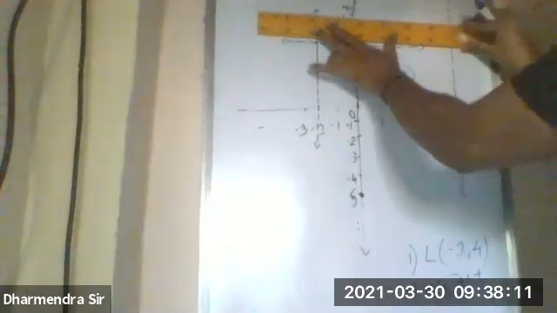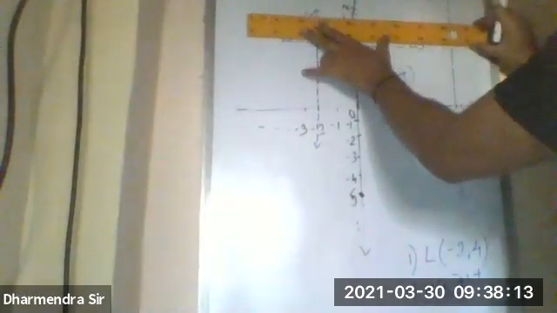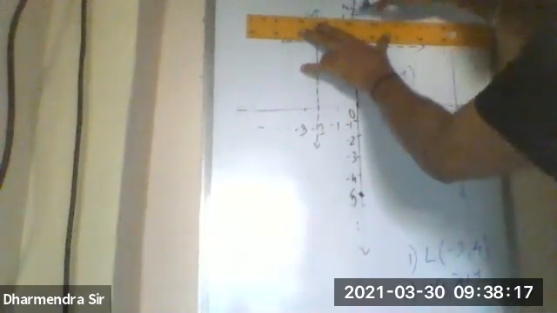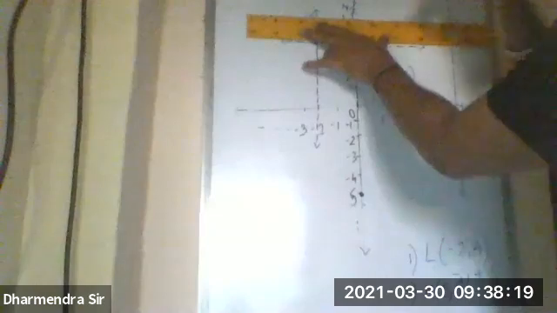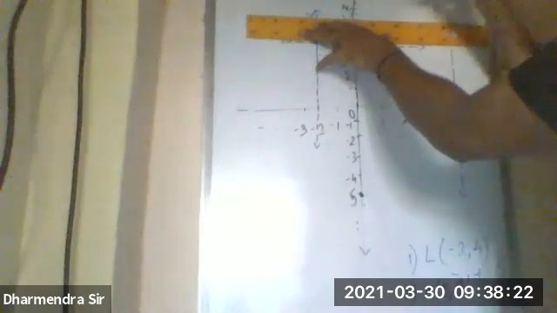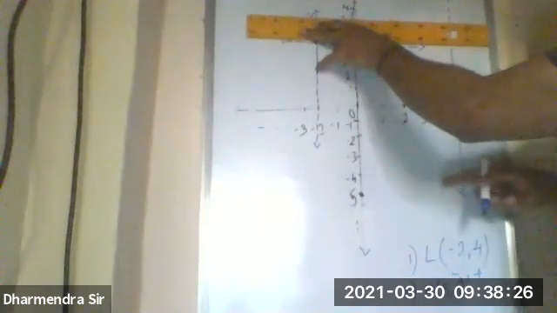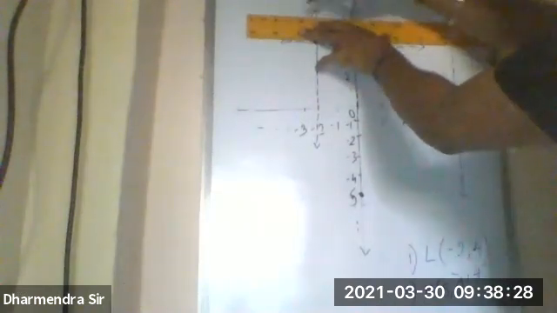So take a scale and draw a line with y equal to 6. y equal to 6 means it should cut the axis at 6, and x equal to 5 means it should cut the x-axis at 5.